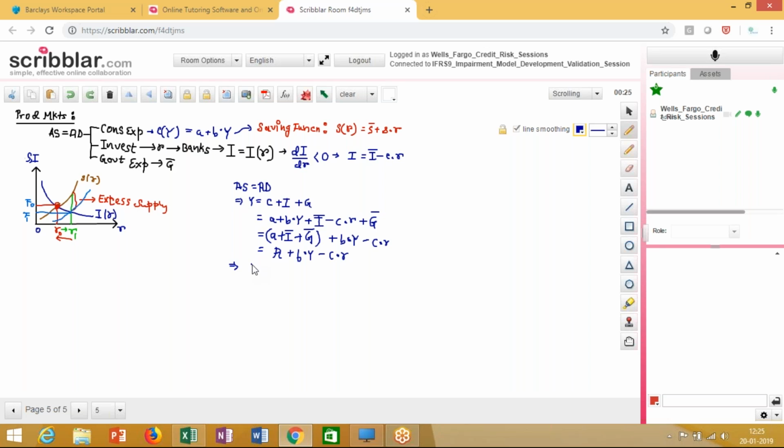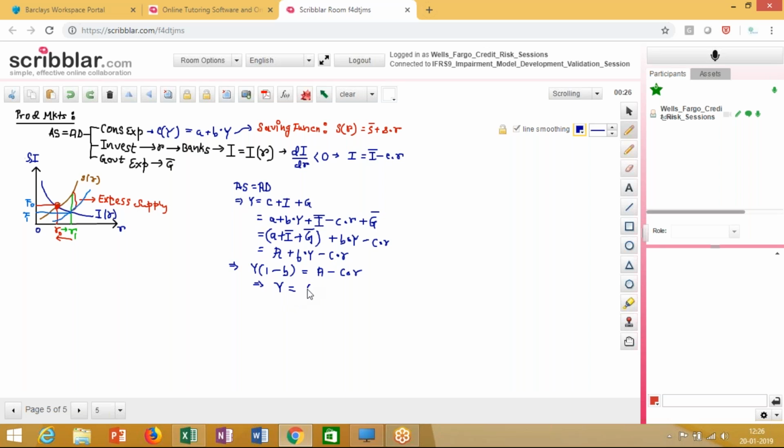If I do some kind of subtraction, the other side is 1 minus B is equal to A minus CR dot R. So this says that Y is negatively related to the rate of interest.